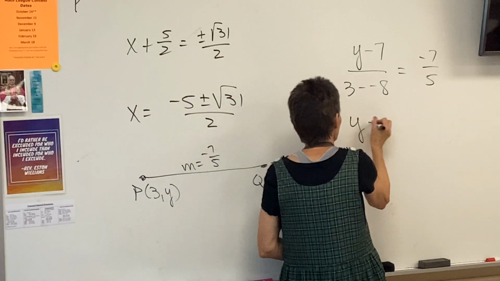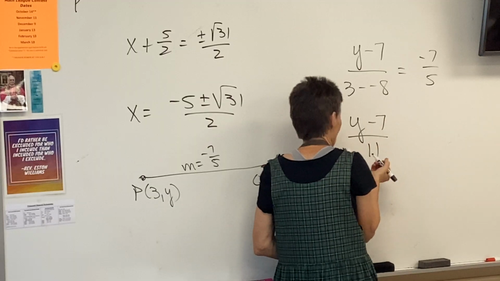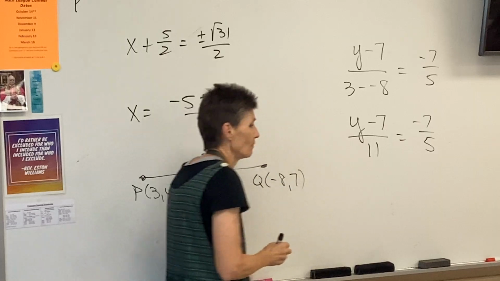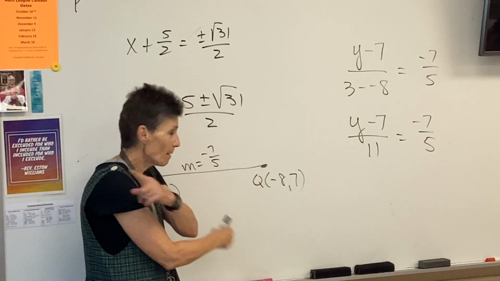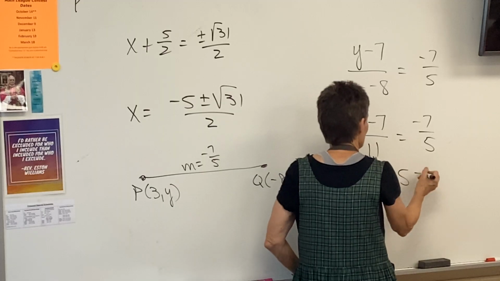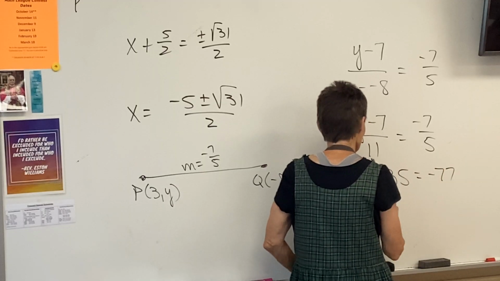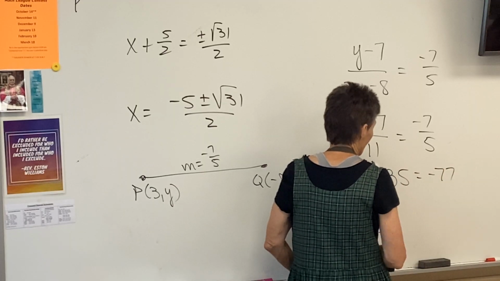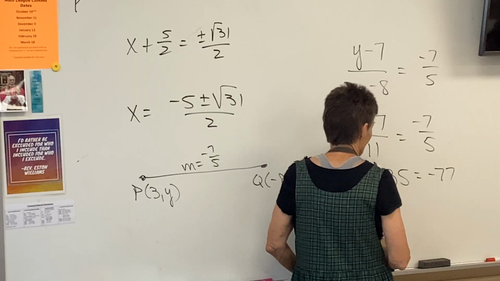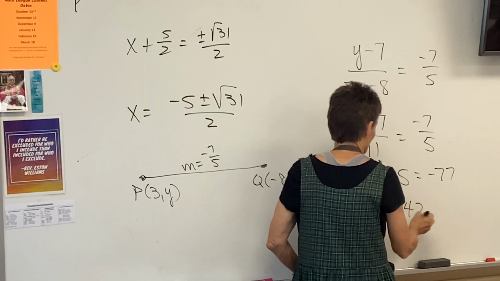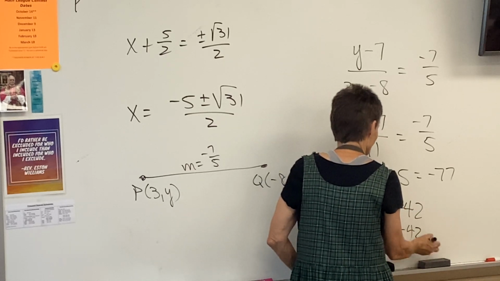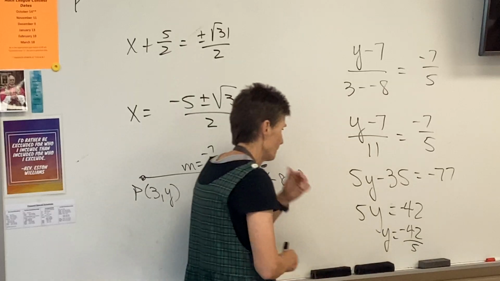So y minus 7 over 11 equals negative 7/5. How do I solve that? Yep. So 5y minus 35 equals negative 77. So 5y equals, sorry, what is that, negative 42? I got y equals negative 42/5, is that right?